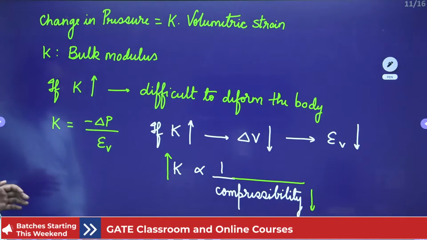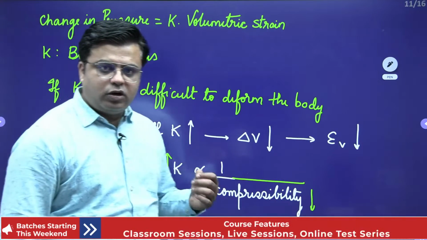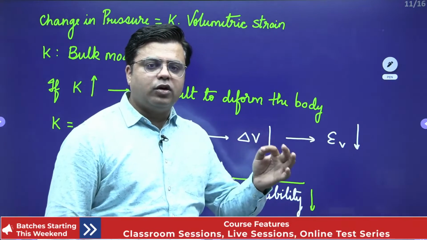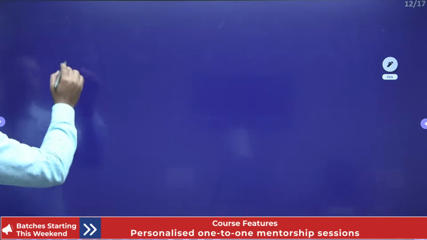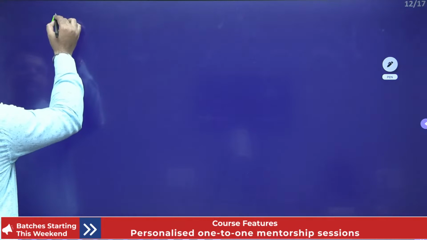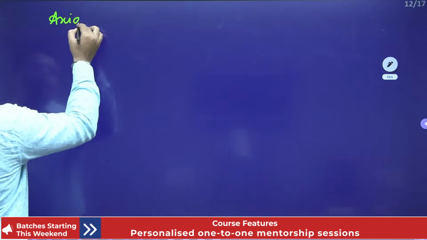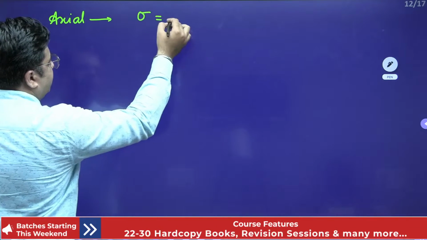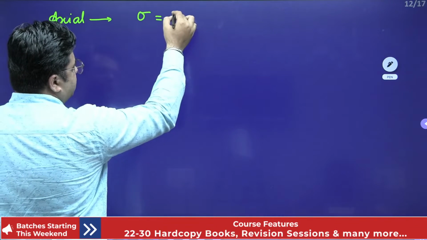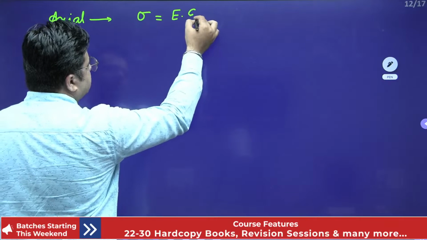We have seen Hooke's law for axial loading, Hooke's law for shear loading, and Hooke's law for hydrostatic loading. So if I just write down all three Hooke's laws: for axial loading, I'll say stress is proportional to strain, or stress is equal to E into strain.